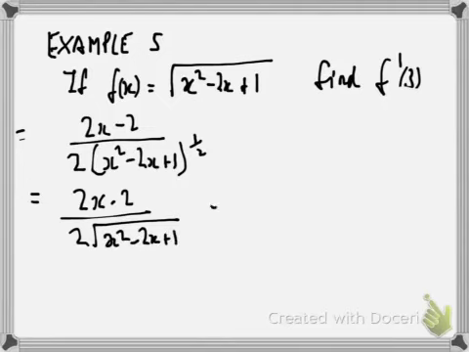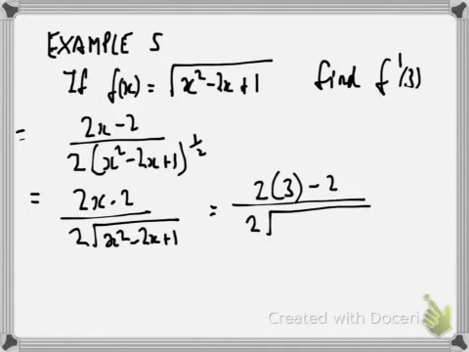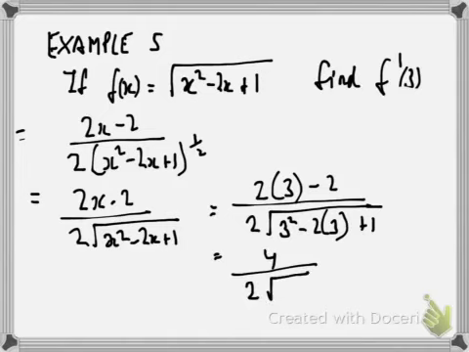Now what we have to do is find f'(3), and to do that we substitute in the value of 3. So I'm putting in 3 for x, so 3 squared minus 2 times 3 plus 1 equals, on the top we've got 6 minus 2 is 4, 2 times the square root of 9 plus 1 is 10, minus 6 is 4.